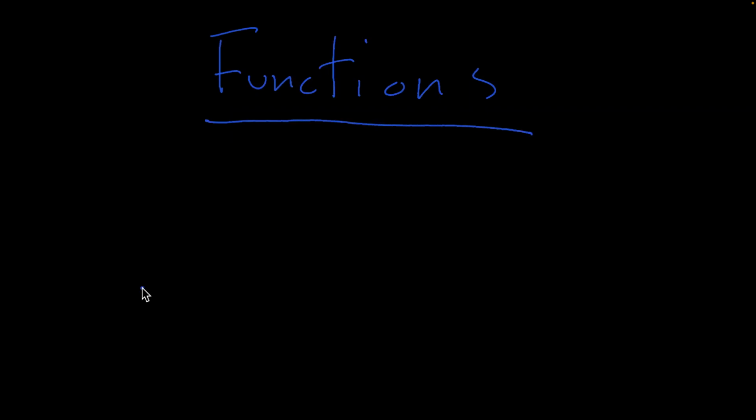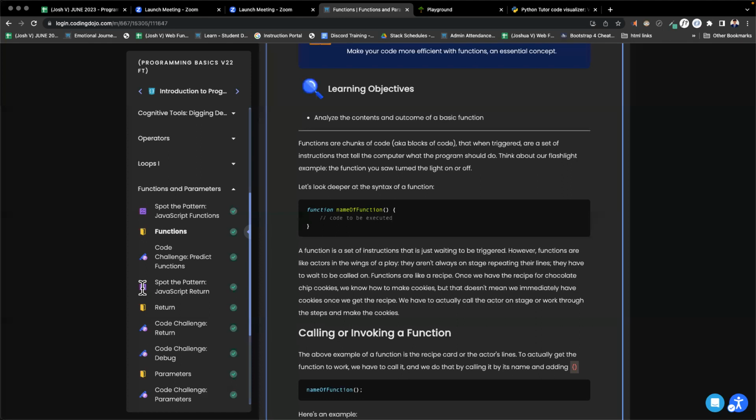I got a little ahead of myself. What we notice first is that there is this keyword function. We need to write that keyword function, just like we wrote a keyword for the if and for loop. We need to have that function keyword, and then following it, the name of our function.